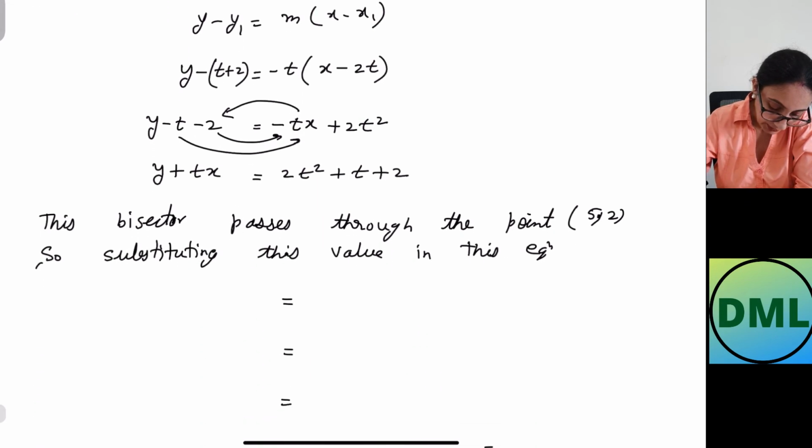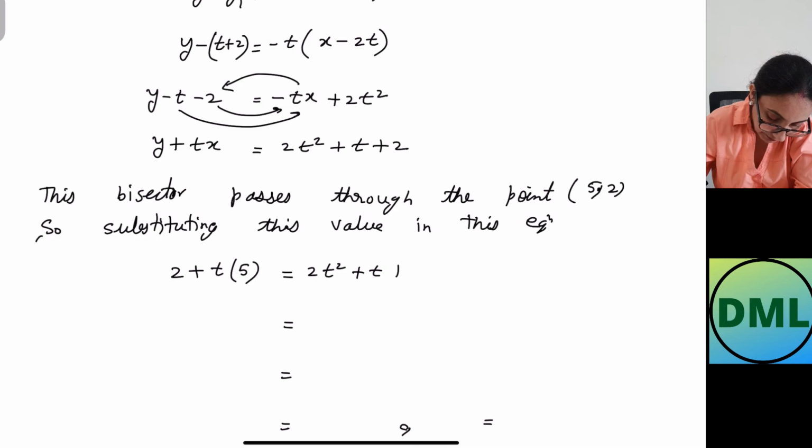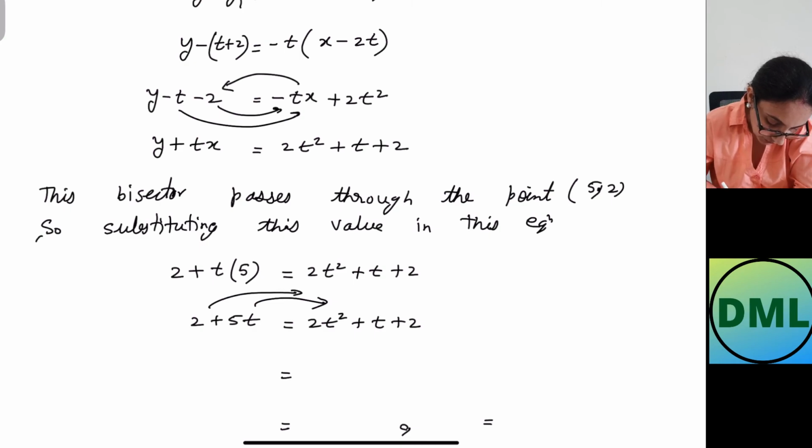Now this perpendicular bisector passes through the point (5, 2). So substituting this value in this equation, we will get 2 plus t(5) is equal to 2t square plus t plus 2. So it will be 2 plus 5t equals 2t square plus t plus 2. Now move this 5t and 2 to the right hand side. So it will be 2t square plus t plus 2 minus 5t is equal to 0.